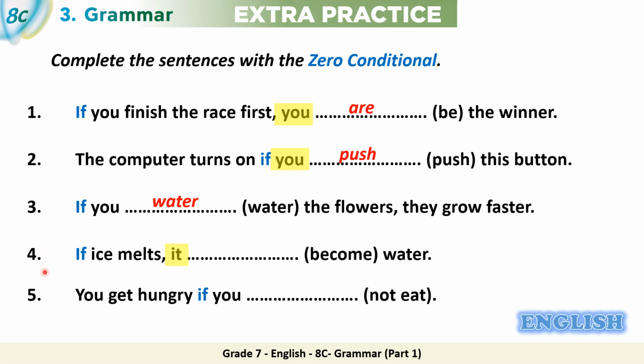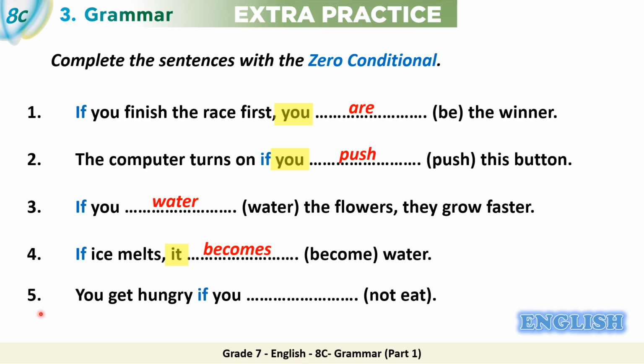How about number 4? If ice melts, it become water. What is the correct form of the verb here? That's correct. Becomes. We added s to the verb become because the subject is a third person singular. That's correct.